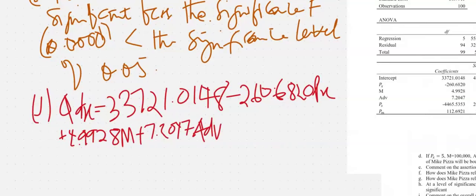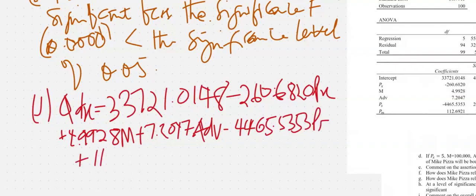Then we have minus 4.4465 and 0.5353 PS. Then lastly, we have plus 112.6921.